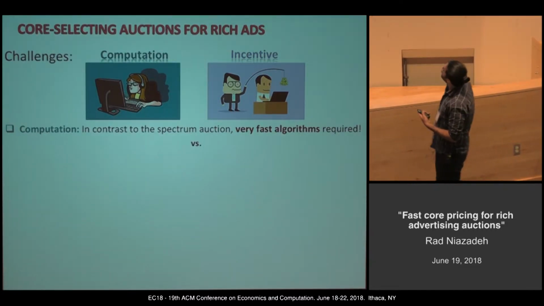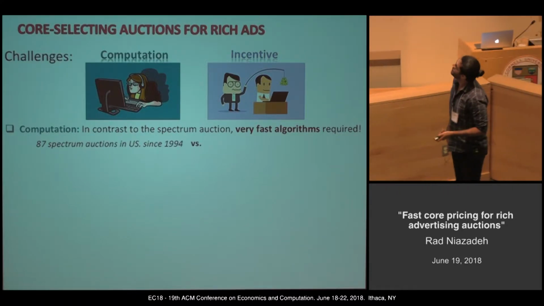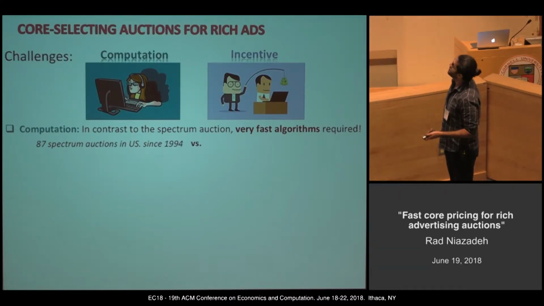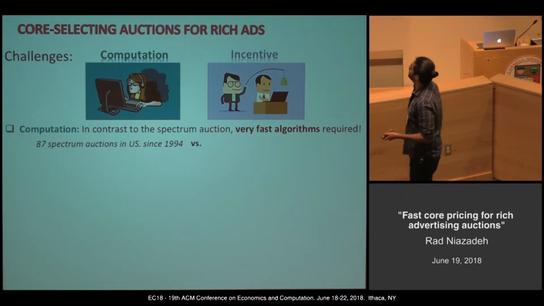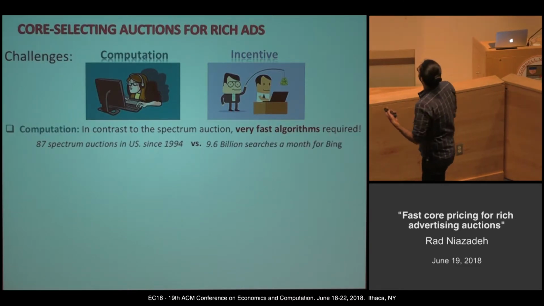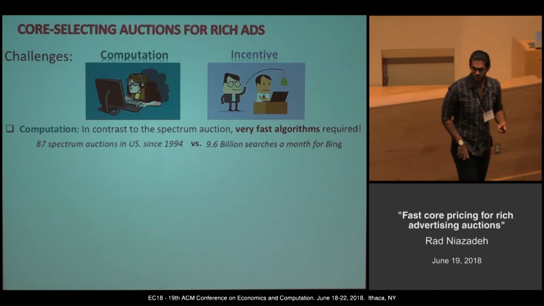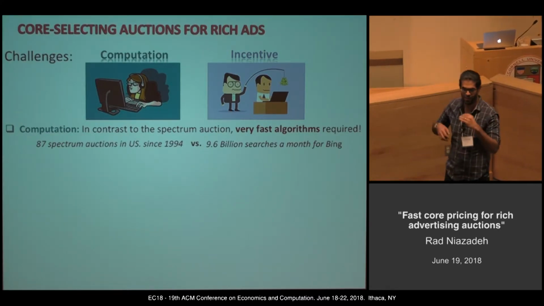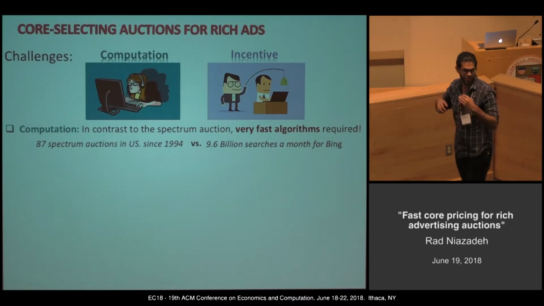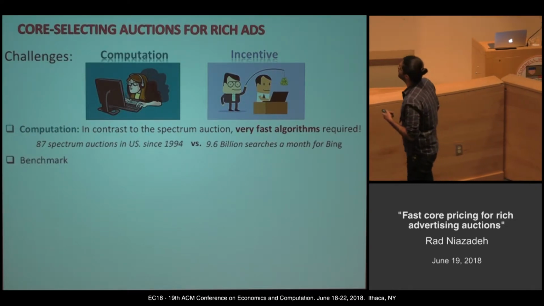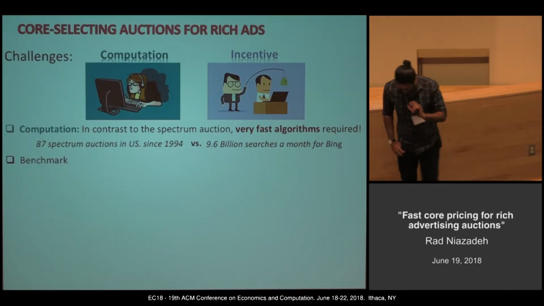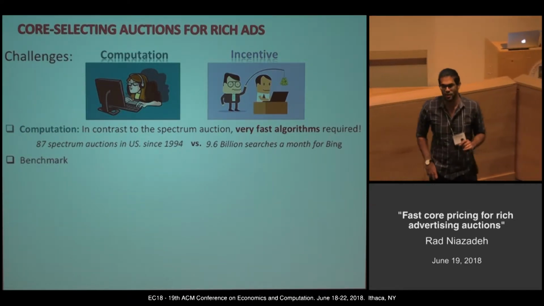And that's simply because of the fact that we probably had around 87 spectrum auctions in the US since 1994, but in a month, Bing is running 9.6 billion auctions. So there is a huge gap between the required speed in these 2 application domains. And so let's address this computational question.